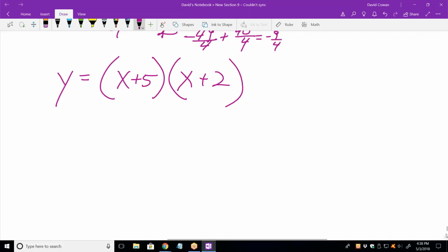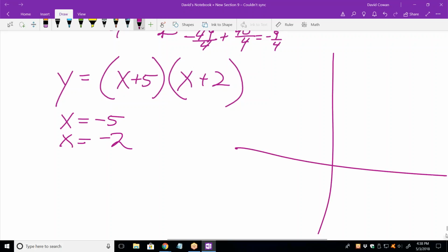Well, this tells me what my x-intercepts are. This tells me my zeros come at -5 and -2. Well, that's pretty helpful also, because now I know where I cross the x-axis. I cross right there at -2, and I cross right there at -5. So I know that my parabola looks something like this.